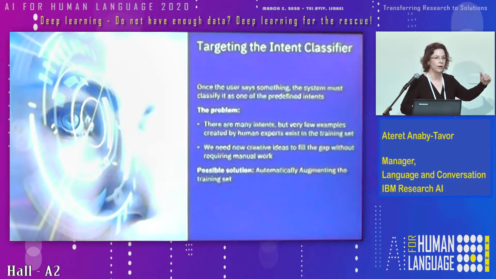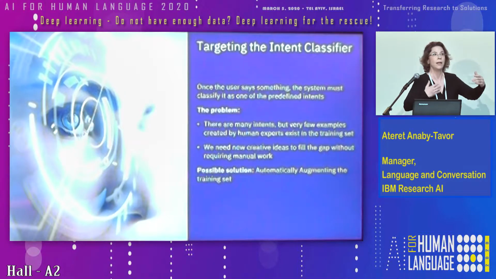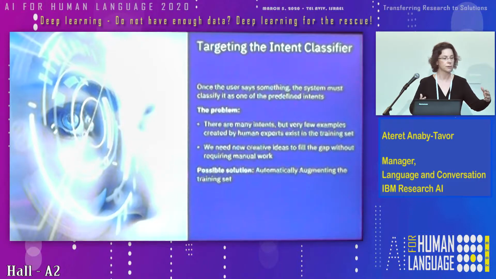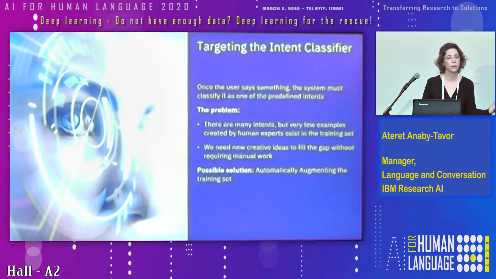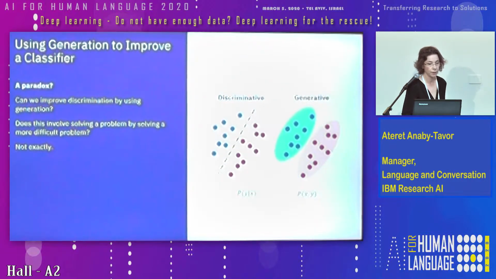We want to provide for each intent enough samples, and these should be diverse enough, and the samples should relate to the intent, and they can be distinguished from one intent to another. Very laborious. And what we propose is to automate the system. Can we do it? That's the question.